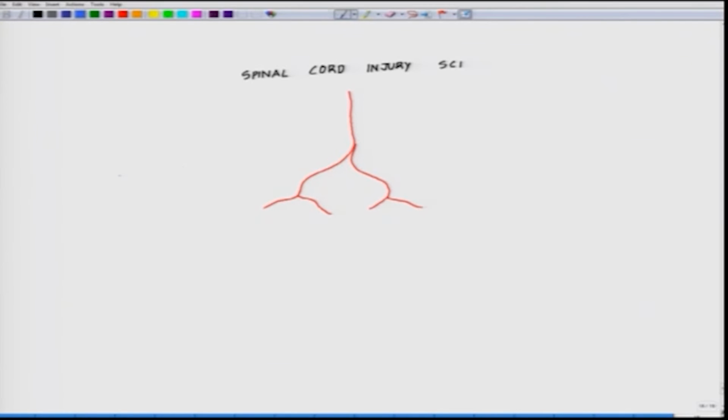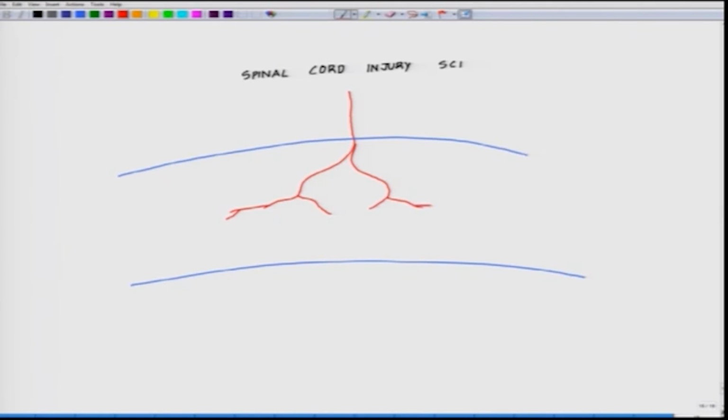So, what we will be dealing with today is, this is the alpha motor neuron.